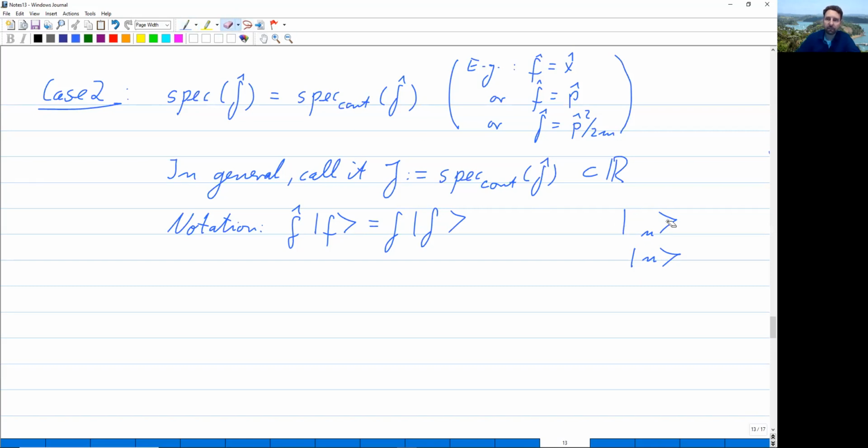But in the continuous case, this is a fairly common practice. So that, for example, for position eigenvectors, we would just put an x in here, or momentum eigenvectors, we put a p in there. Okay, so our notation will be this for continuous spectrum.